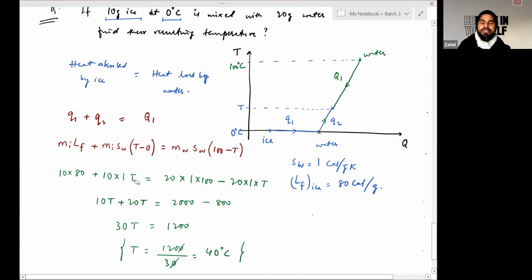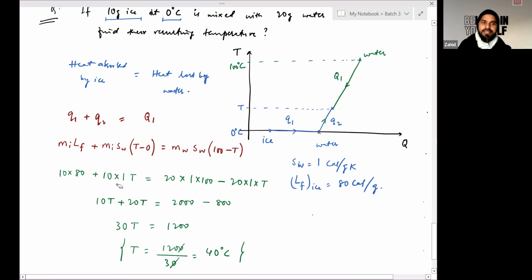T minus 0 will be T. Mass of water, which is at this point, having mass 20 gram. So it will be 20. The specific heat of water is 1. Change in temperature 100 minus T. So this particular term is first multiplied with this part, and similarly, this particular term is multiplied with this part with negative sign.